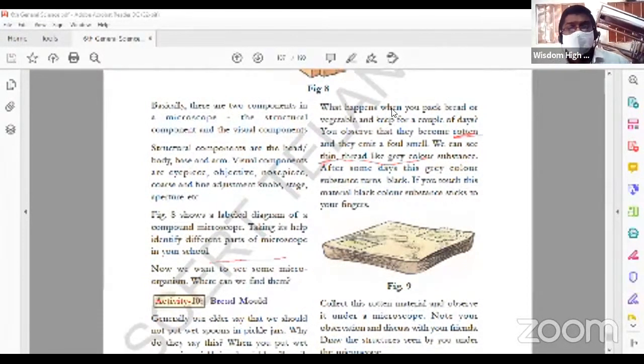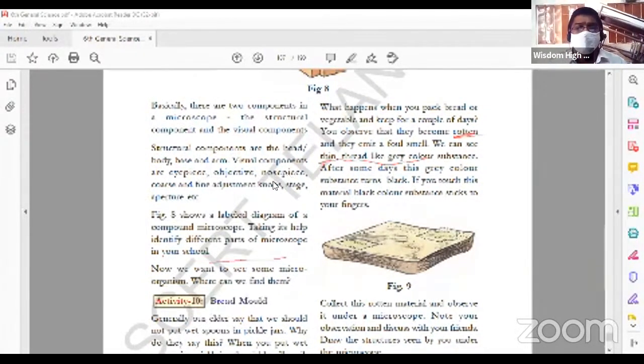After some days, this gray color again turns into black color. If you touch this material, the black color substance sticks to your fingers. When you touch that black substance, what happens? It sticks to our fingers.